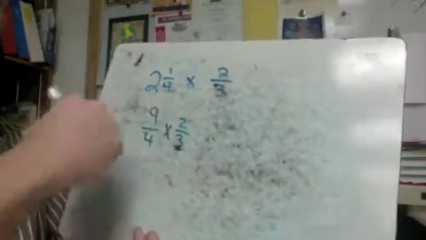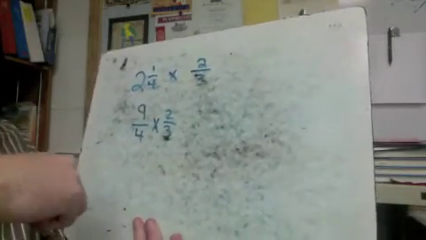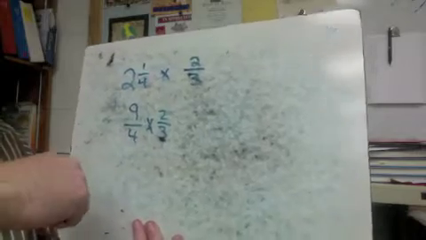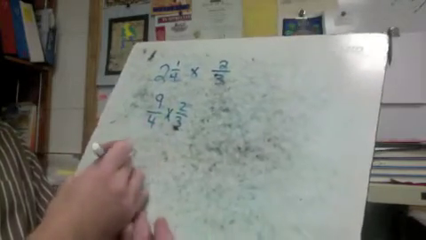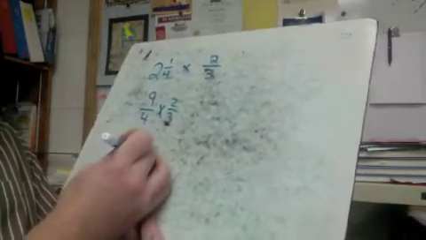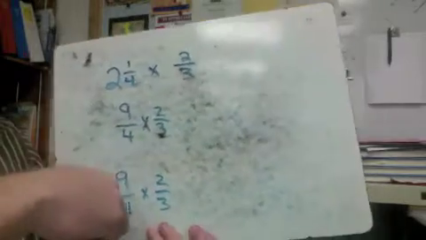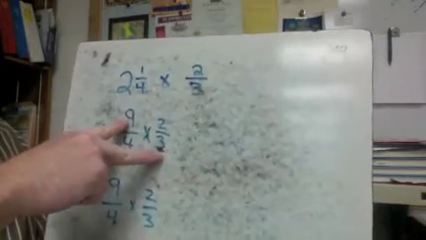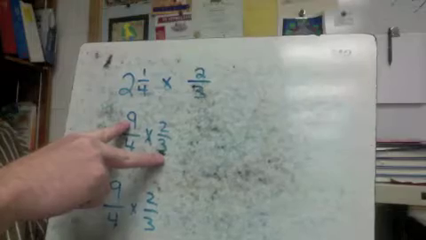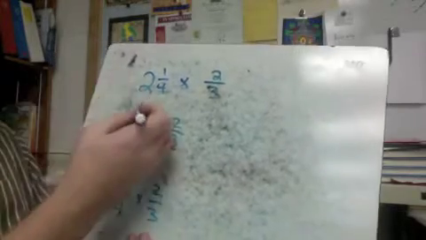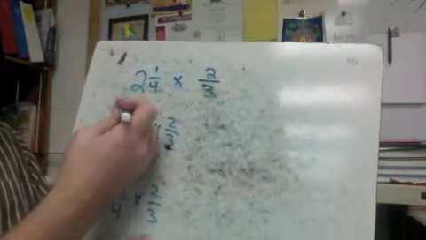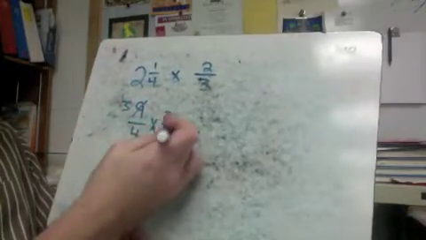Okay. If you're going to do your cross division, this one looks like it'll work. So I'll write this twice here, just in case you're not doing it. But I would recommend it if you can. If we do that up here, the 9 and the 3, 3 goes into both of those. So if I do 9 divided by 3, I get 3. 3 divided by 3 is 1.